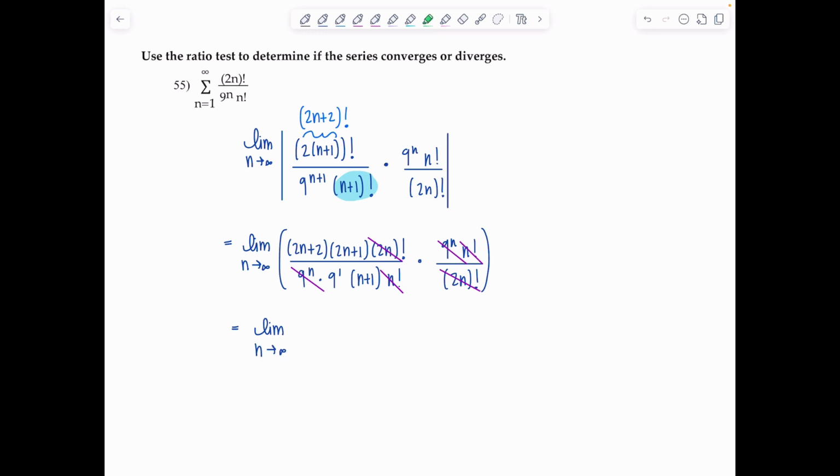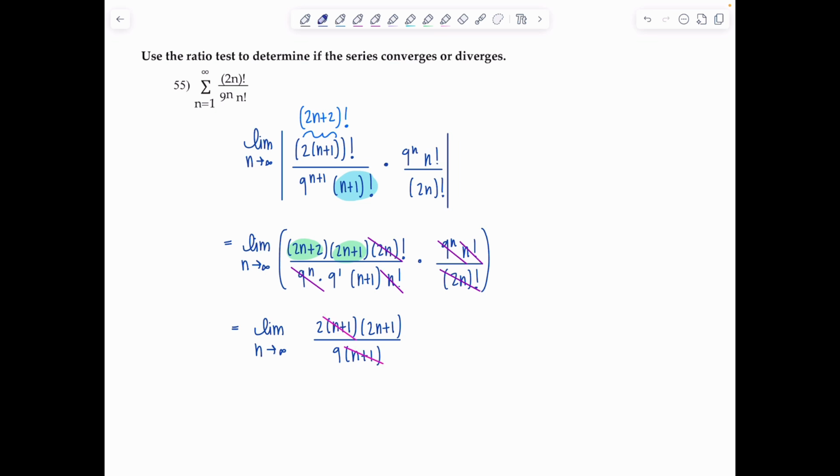In the numerator, I have 2n plus 2 and 2n plus 1. But you know, this 2n plus 2, I can take a 2 out. Then it's n plus 1 times 2n plus 1 over, this is 9 times n plus 1, yeah? Aha, you see how n plus 1 cancels again?